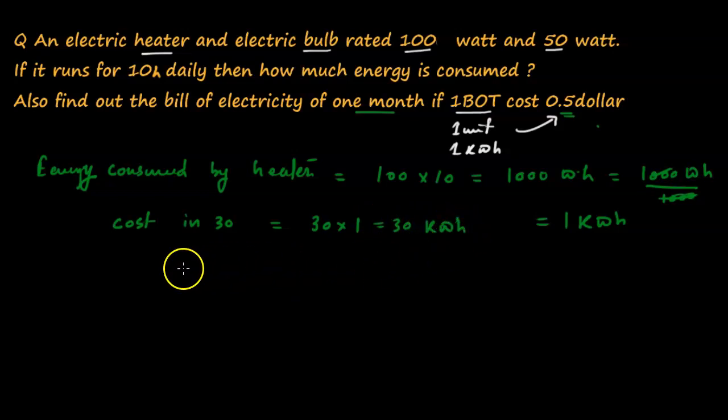Then the total cost will be, we have to multiply with 0.5. So 30 multiplied by $0.5 will come to $15. I think this is the sign of the dollar. So this is the amount we need to pay for the heater in 1 month.